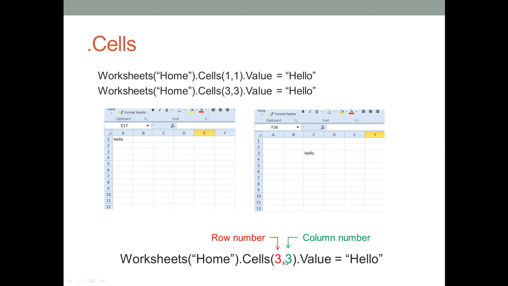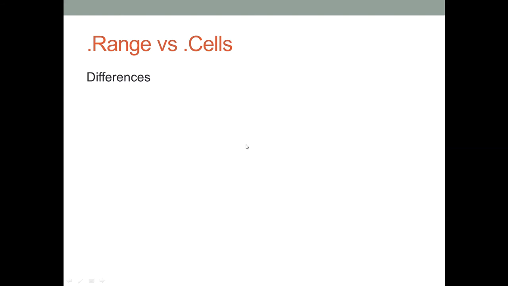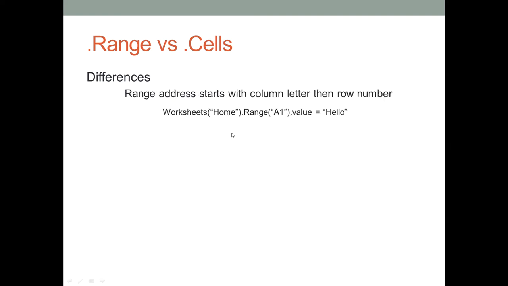And the second number is the column number. So column 1, column 2, column 3. That's how this line of code works. As a coder, you're going to be using both of these from time to time. Sometimes you're going to want to use range and sometimes you're going to want to use cells.